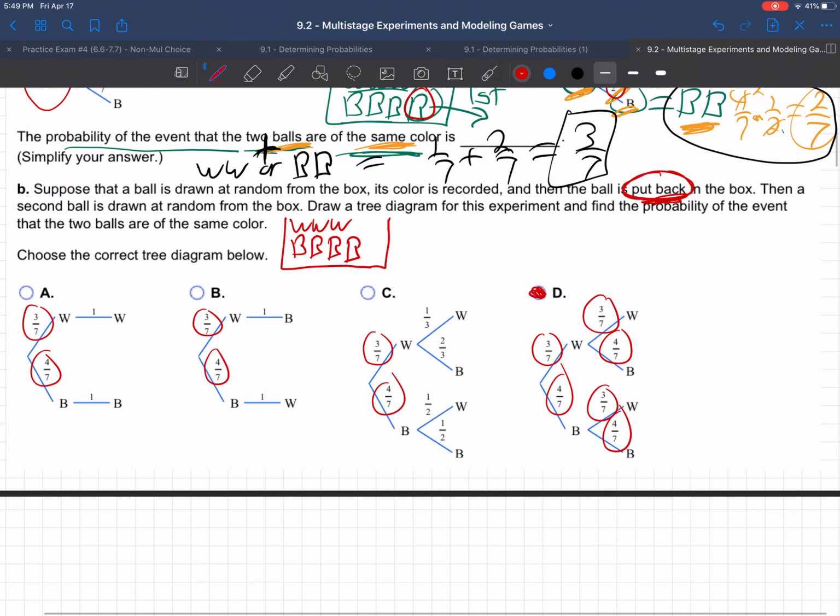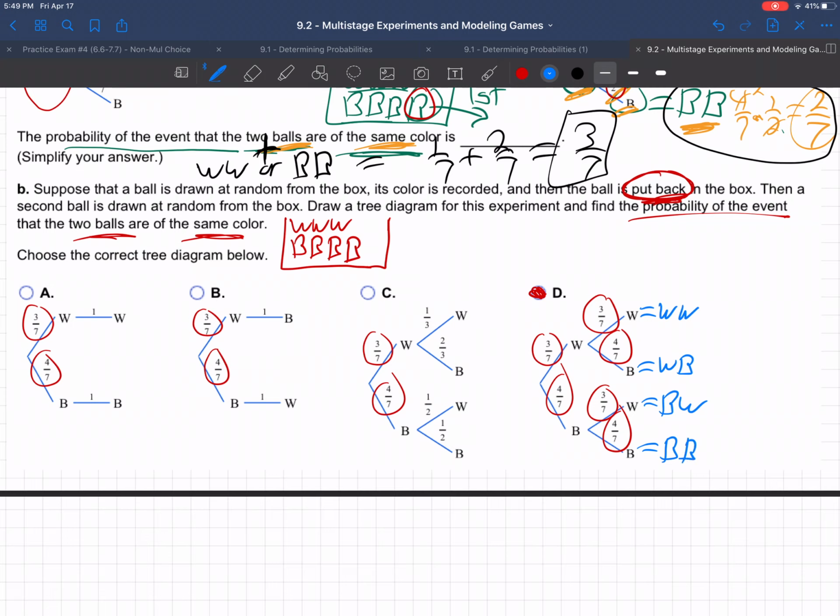All right, so then final question, they want us to find the probability that two balls are the same color. So remember how we do that? We go, okay, white and white, white and black, black and white, black and black. And we just follow the branches. 3/7 times 3/7.